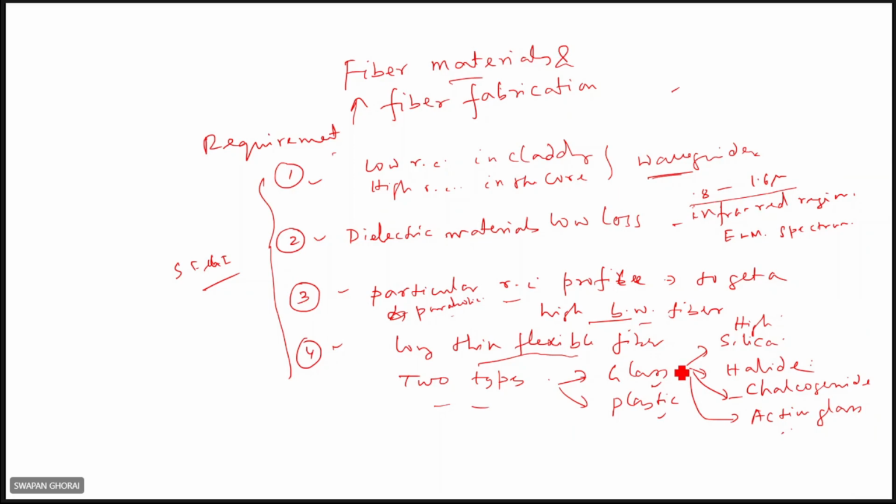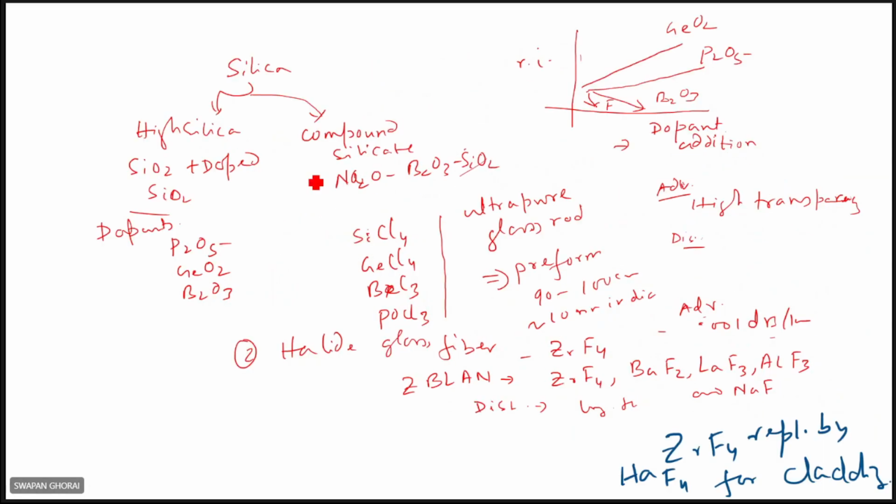Now, if you see the first one, high silica glass. What is this high silica glass? Silica glass can be of two types: high silica glass or compound silicate glass. In high silica glass, there will be silicon oxide plus dopants, doped silicon oxide.